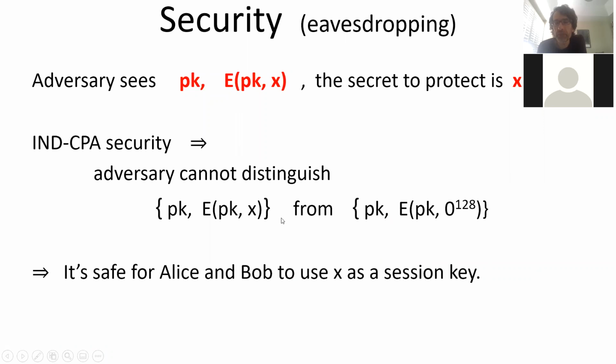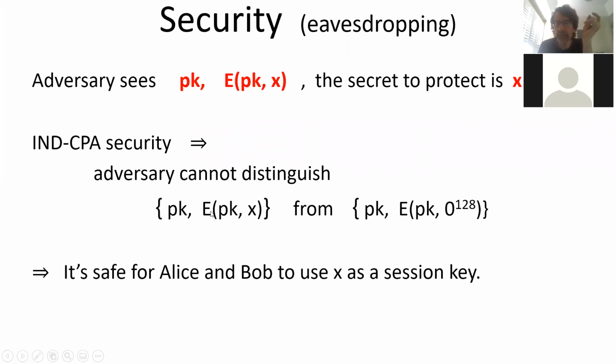And now look, if there was an attack that somehow found information about X, then let's do the following thought process, which is a proof of security of this protocol. Okay, adversary, what he sees is the public key and an encryption of this key X. The public key went from Alice to Bob.